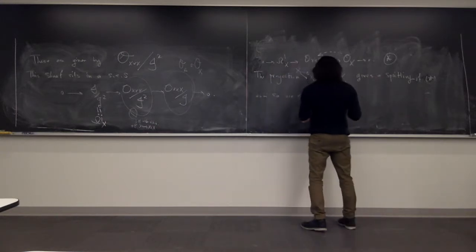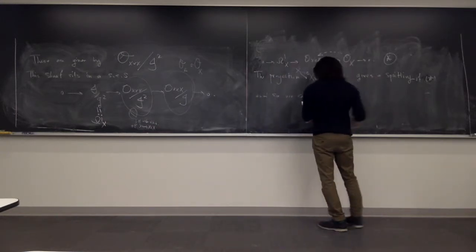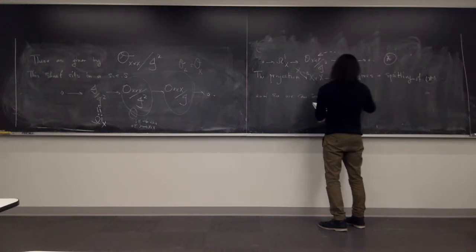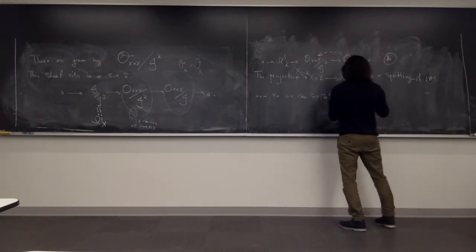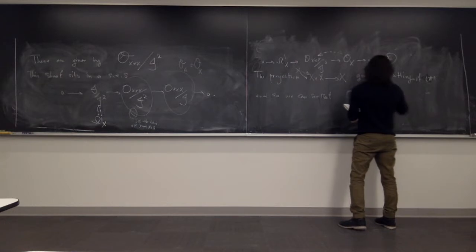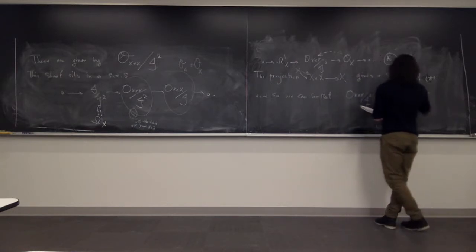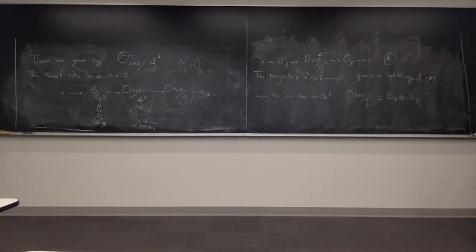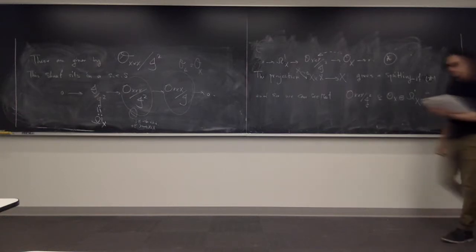You can see that O of X cross X modulo I squared will become isomorphic in this case to O of X plus omega 1 of X. Okay.